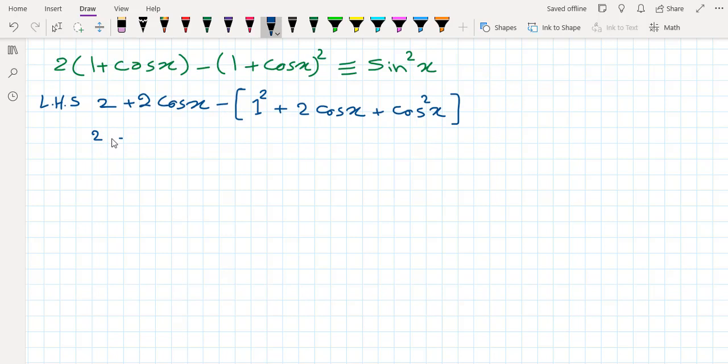Let's copy this: 2 plus 2 cosine x minus 1 minus 2 cosine x minus cosine squared x.